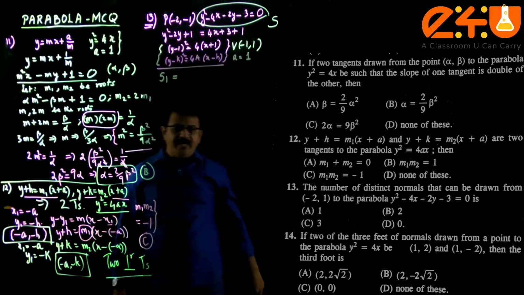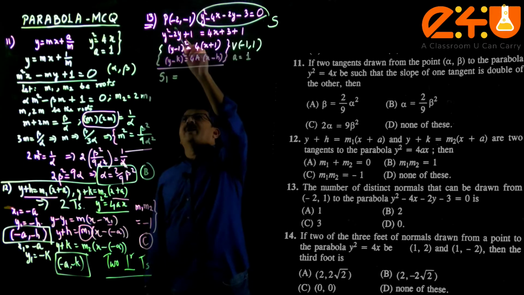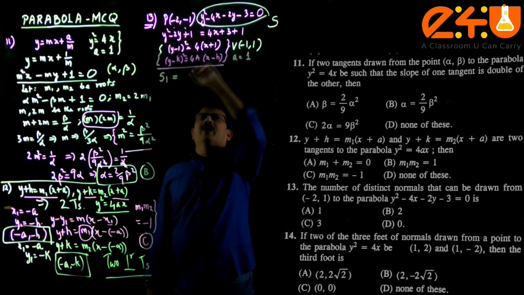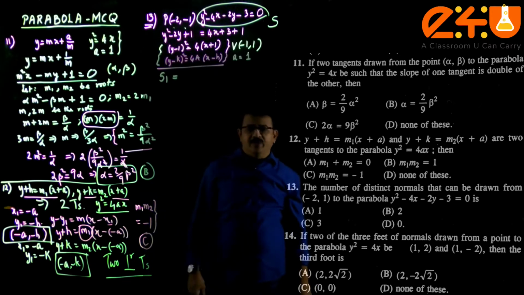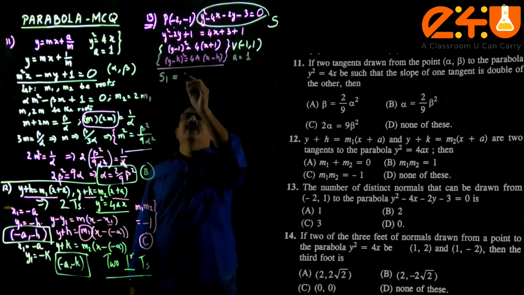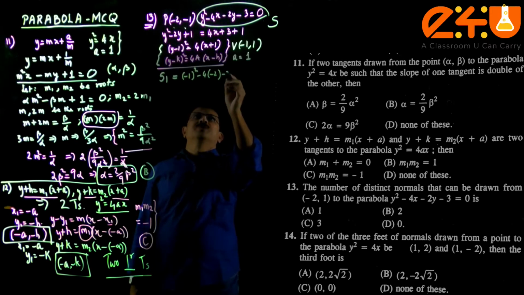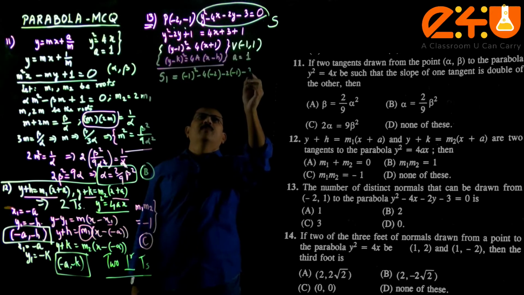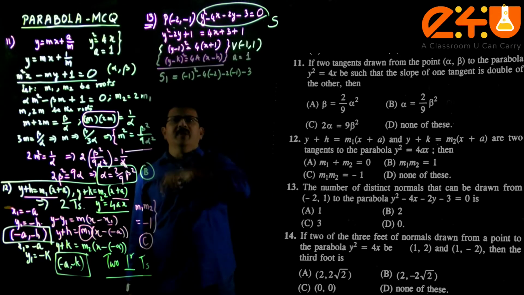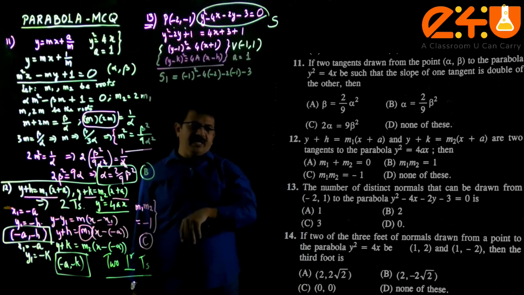S1 is a numerical value that you get by substituting the point's x and y in place of the coordinates. Minus 2 comma minus 1 substituted in the given equation. So let us do it. y squared, that means minus 1 squared, minus 4 times minus 2, minus 2 times minus 1, minus 3. Don't write equal to 0. We want to get the numerical value. Check whether S1 is positive, or 0, or negative.